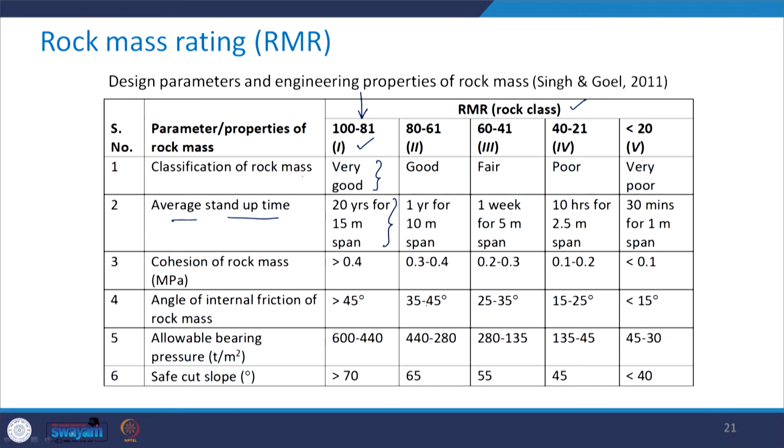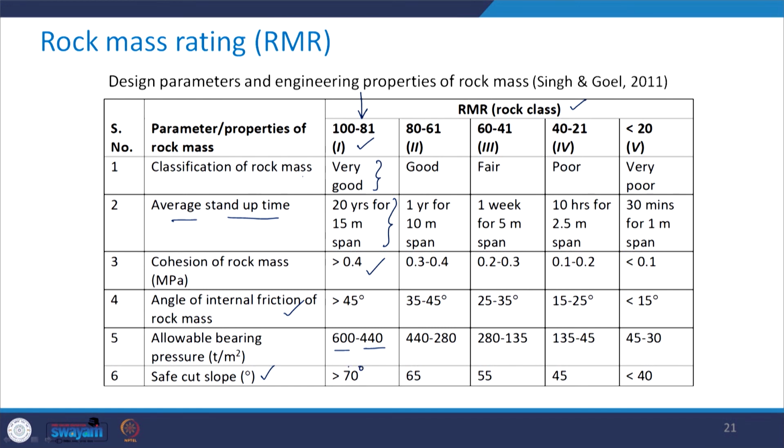It will also give you the range for the cohesion and angle of internal friction of the rock mass. In case you have a foundation related problem, then the allowable bearing pressure will be in the range of 600 to 440 ton per meter square, and safe cut slope in this case is going to be greater than 70 degrees.